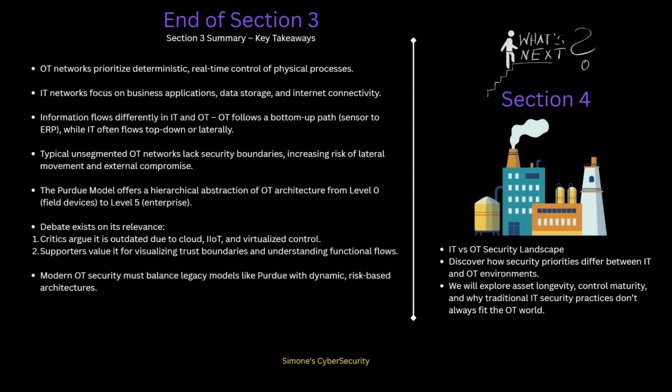Using that as the foundation, we jumped to OT network design, its logical view, the OT landscape, and the Purdue model. And finally, we closed the debate on why some consider the Purdue model non-relevant in today's cloud, IoT, and virtualized control world. All right, that's it for section 3.